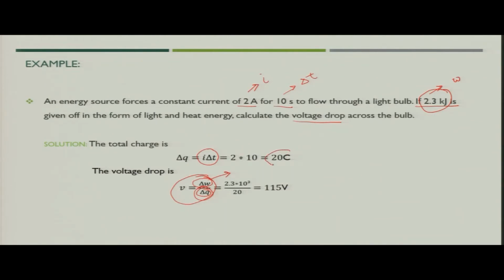It means that 20 coulomb of charge is being transferred through the element, and now using this value you can simply calculate the voltage drop across the element. In this case the element is a light bulb. So, the voltage drop across the light bulb would come out to be around 115 volt.